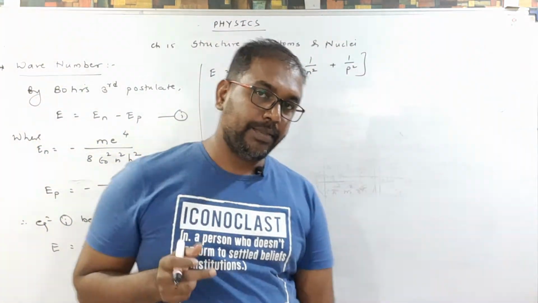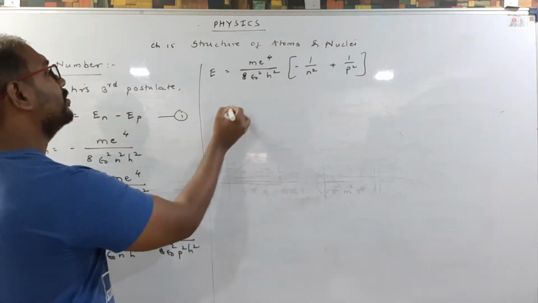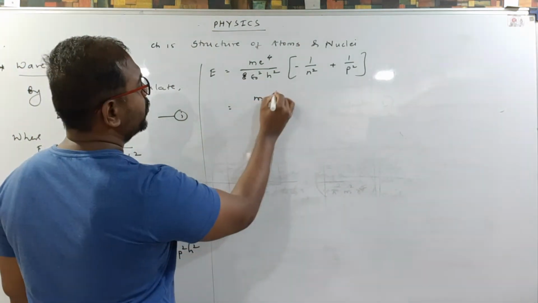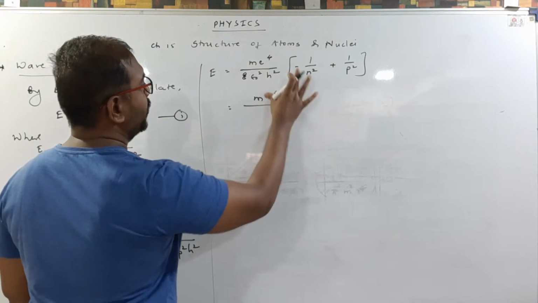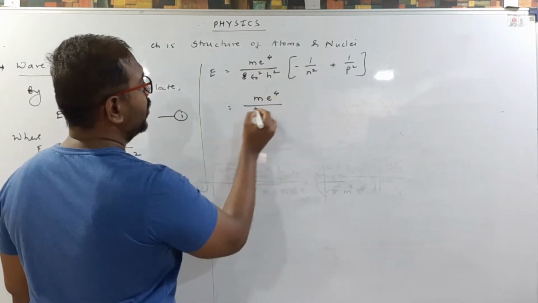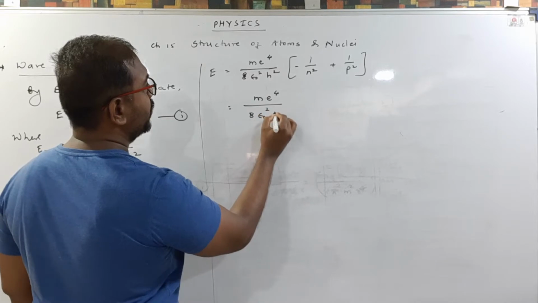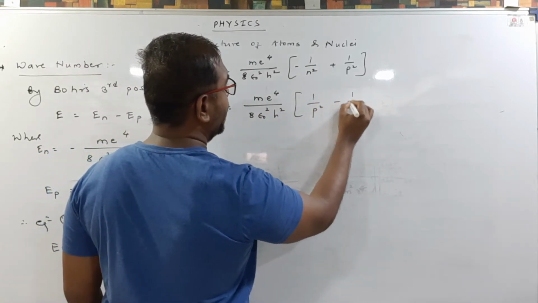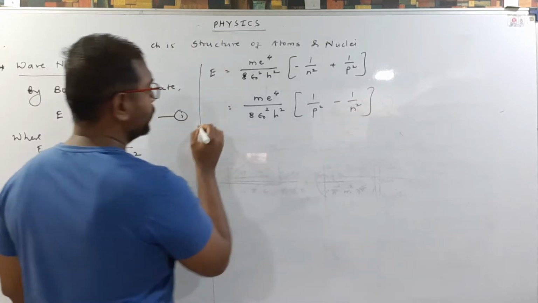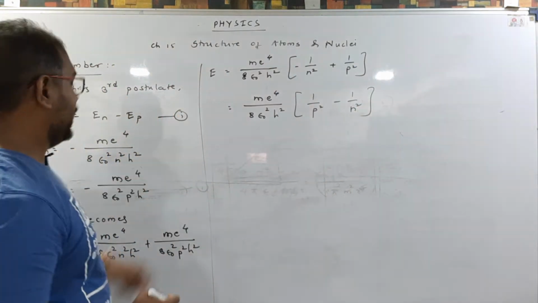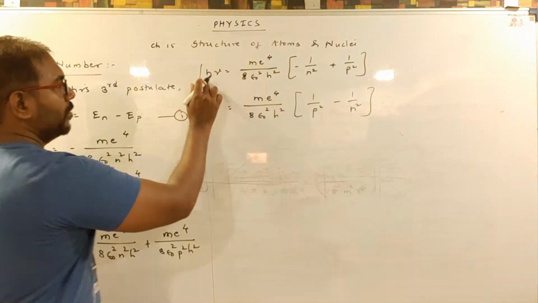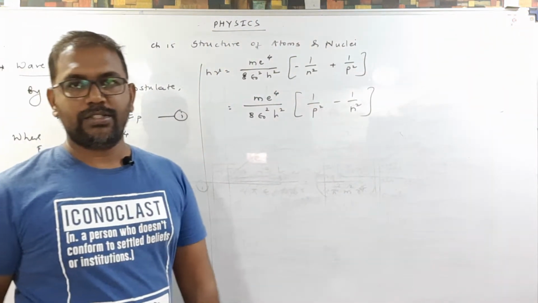Now after that I can write E as me raised to 4 divided by 8 epsilon 0 square h square, in a bracket 1 by p square minus 1 by n square. This E is h mu, where mu is the frequency and h is Planck's constant.